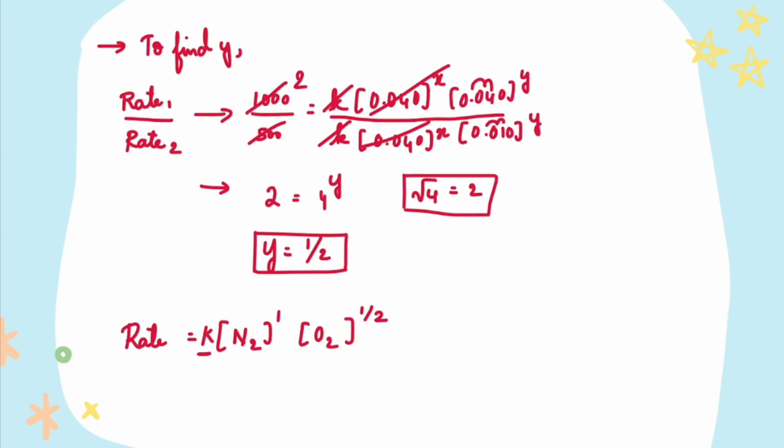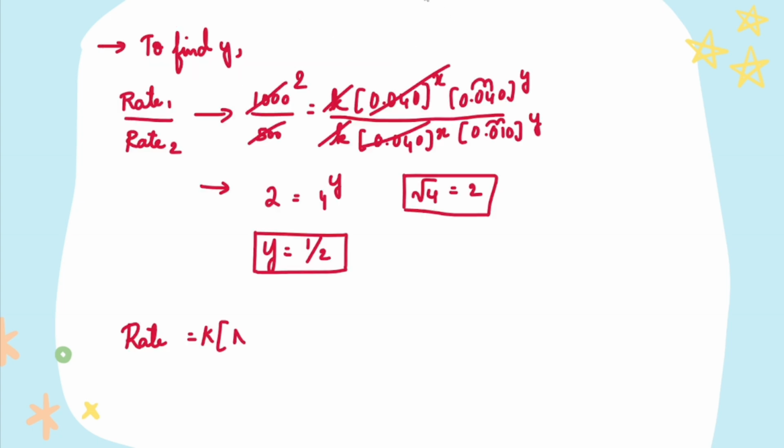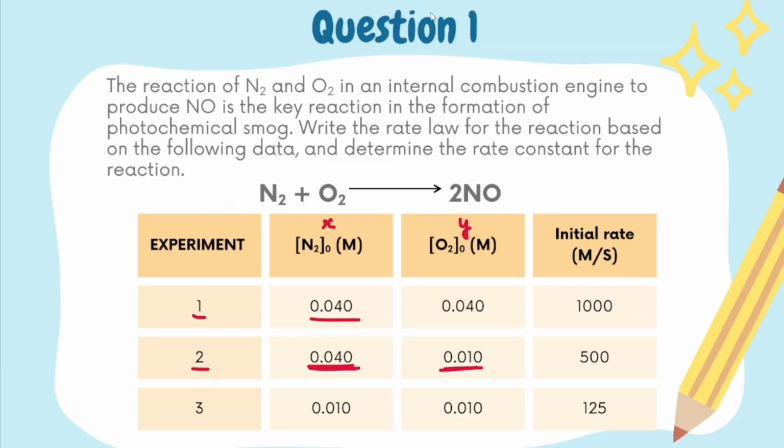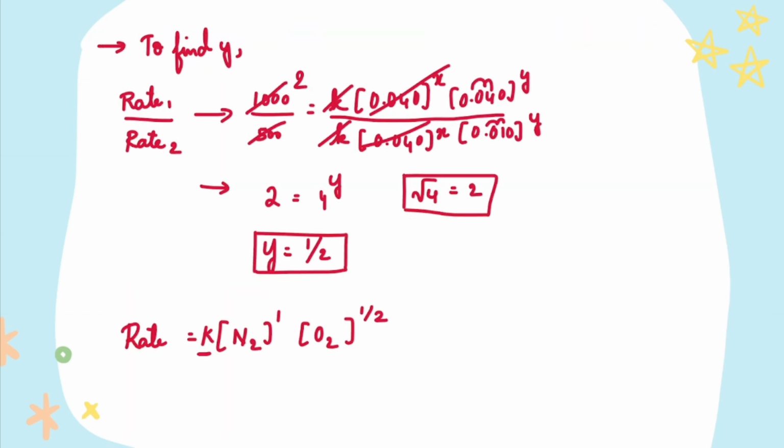So by substituting the values of experiment 1, the rate will be equal to, so let me substitute. In the first experiment, the rate is 1000, while the concentration of N2 will be 0.040 and the concentration of O2 will be 0.040. Same only. So by substituting both, what we will get? The rate is 1000.